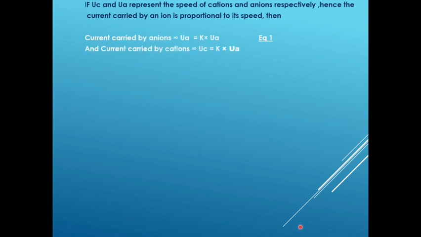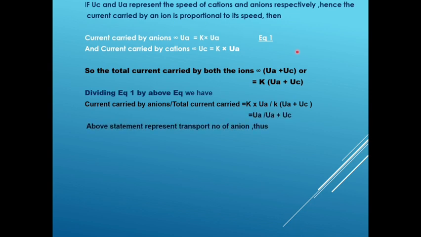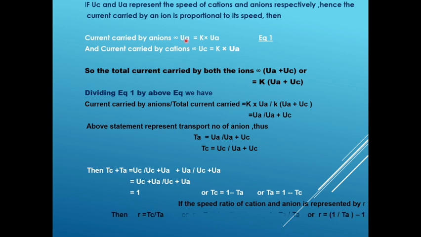Suppose UC and UA represent the speed of cations and anions respectively. Current carried by anions is proportional to UA, the speed of anion.